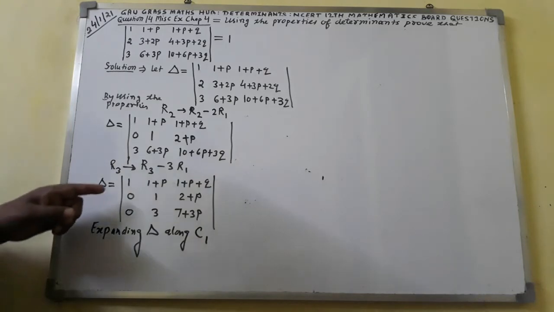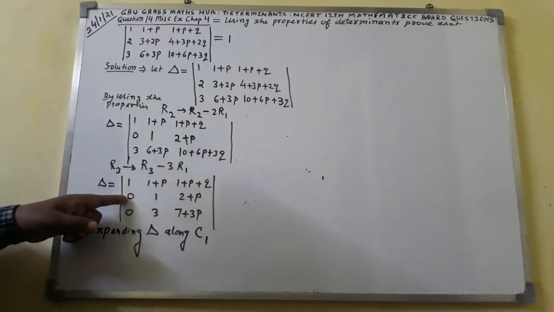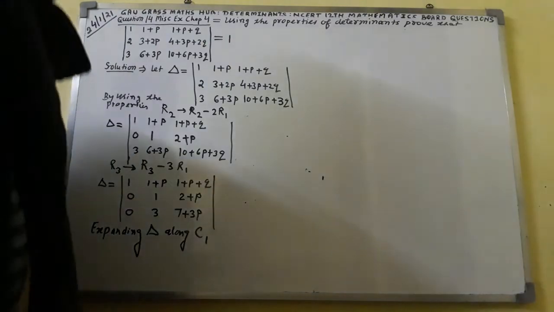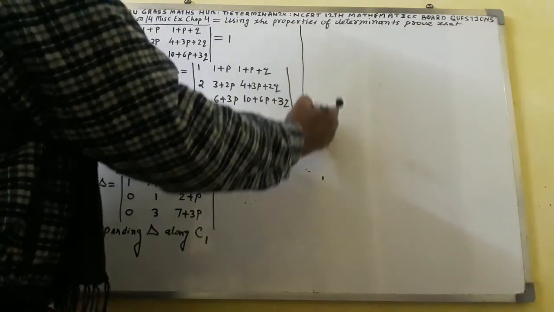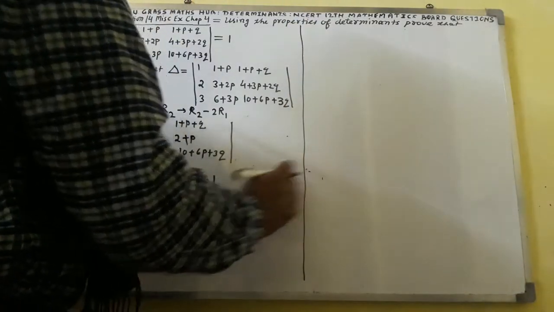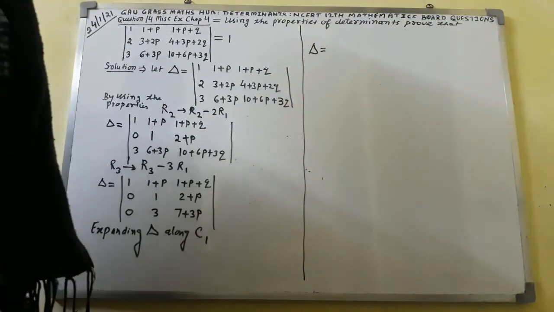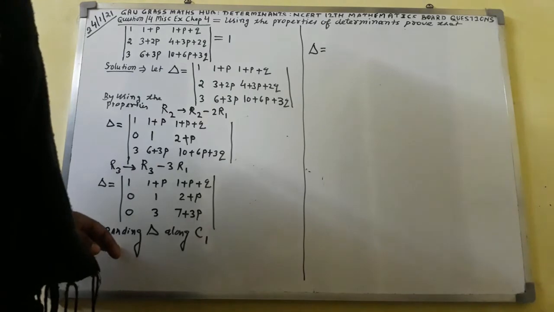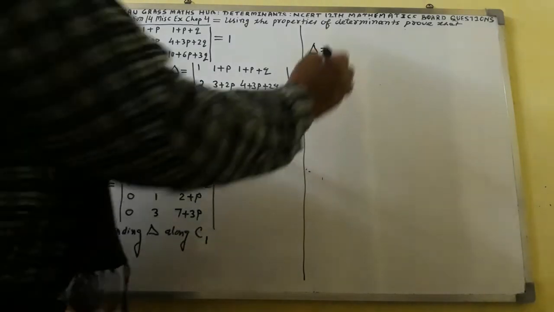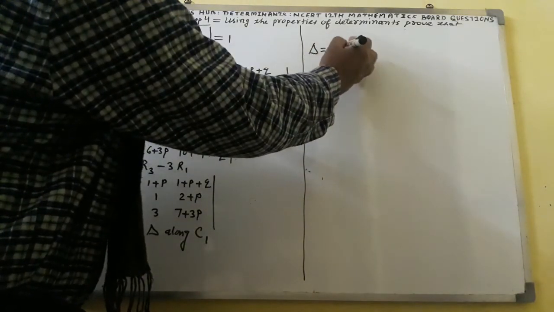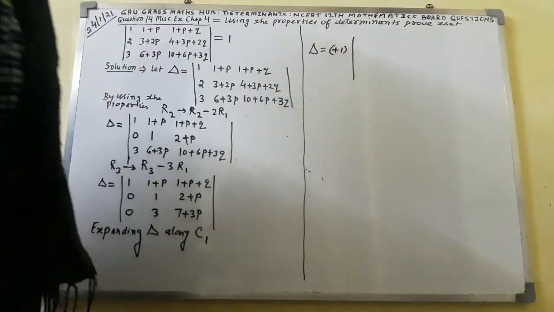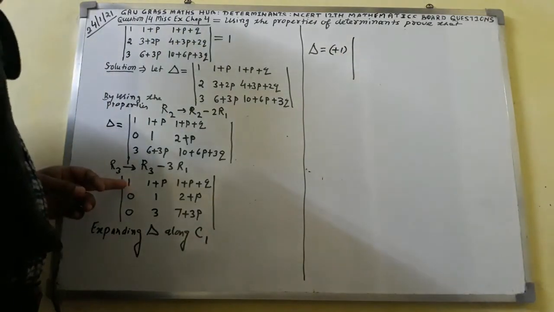So here you will get plus minus plus. So expanding along C1, write plus 1, and here you can see plus 1.